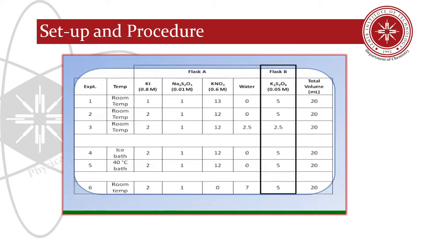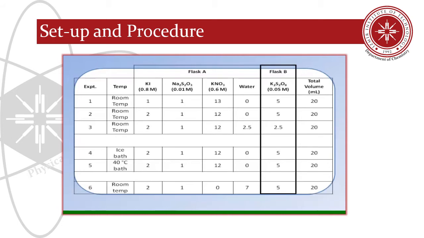In going from experiment 2 to experiment 3, we've kept the iodide constant, but halved the concentration of persulfate. Note through all of the experiments, the concentration of thiosulfate, or clock, is the same: 1 milliliter of 0.01 molar solution. This means that we can measure the rate, as we'll describe later, by looking at the concentration of this species and its relationship to the concentration of persulfate.